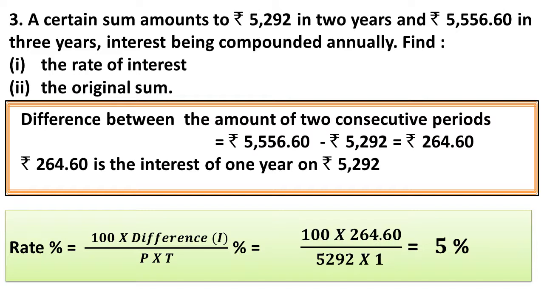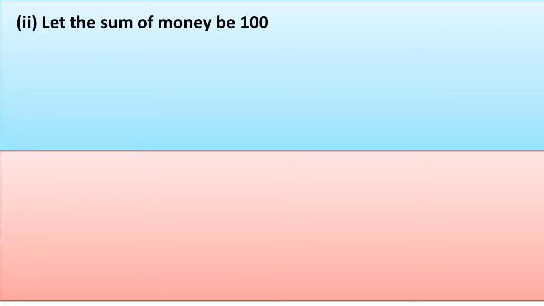The second sub question is, we need to find the original sum. Sum is not given, so we have to find it out. Apply the same method we used in the previous exercises. Let us consider the sum as rupees 100.